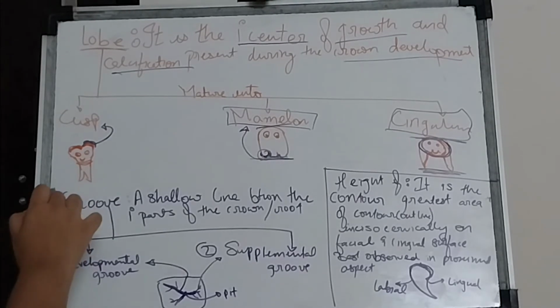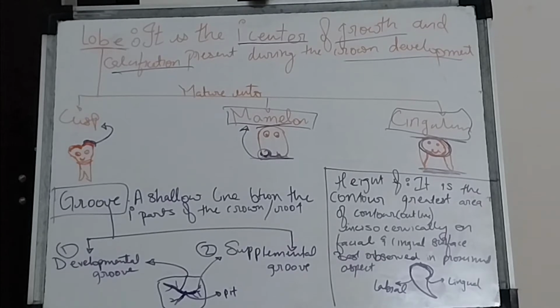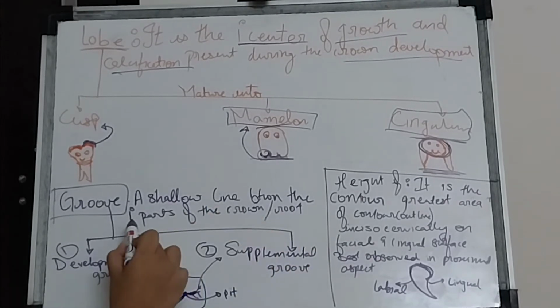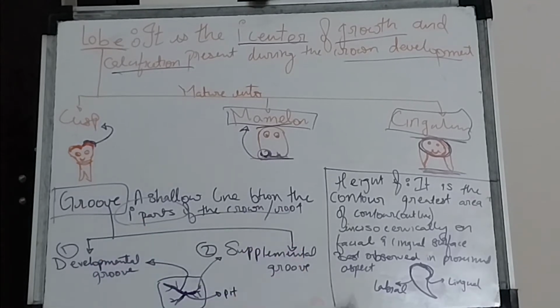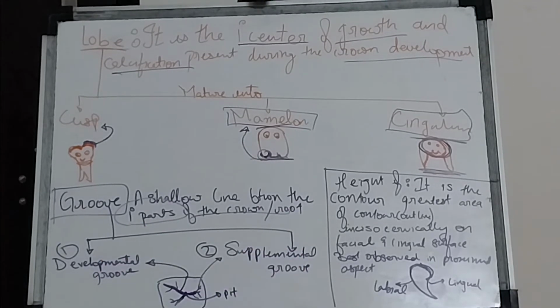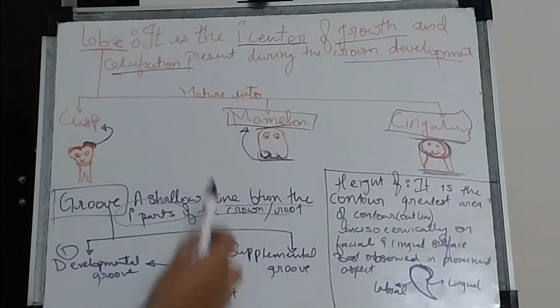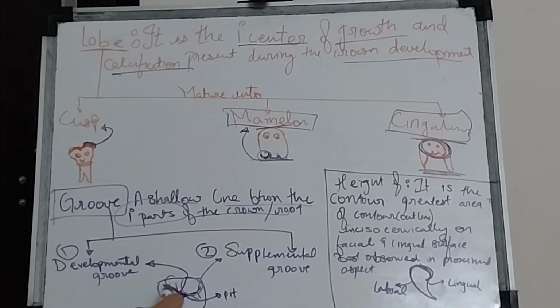Now groove. Groove, it is a shallow line between the primary parts of the tooth, of the crown or the root. As we saw those primary parts, so these are the shallow lines between them. These were the primary parts, no? The cusp and everything. So there is a cusp here.